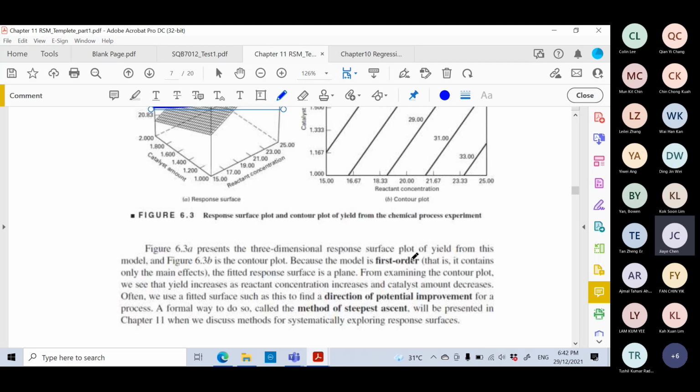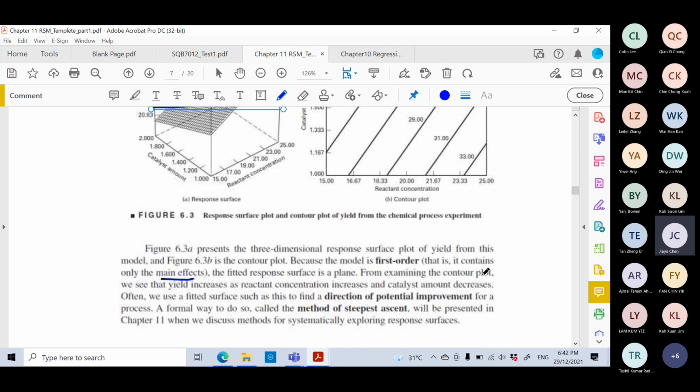Because this is a first-order model, you only concentrate on the main effects. Your model consists of A and B. Therefore, the fitted response is just a plane.